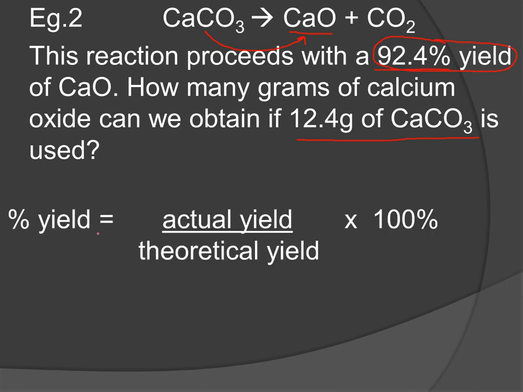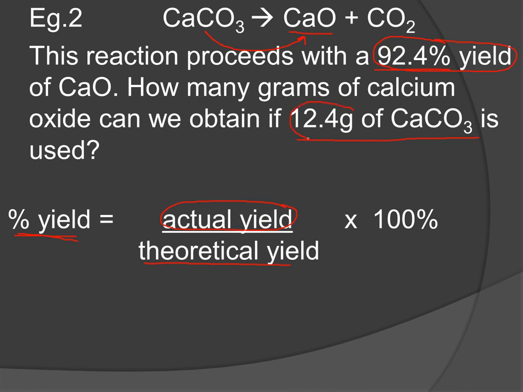So again, we're going to need the actual yield and the theoretical yield. We have the percentage yield here. They are asking for how many grams of calcium oxide we can obtain, so we're looking for the actual yield. If we had the theoretical yield, we would just do our calculation and solve for the actual yield.